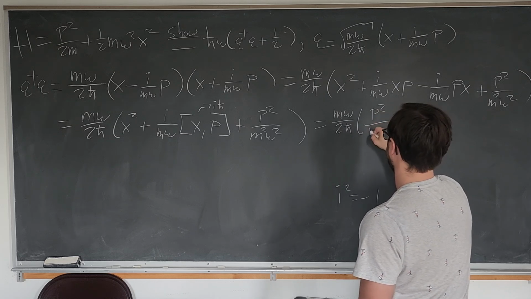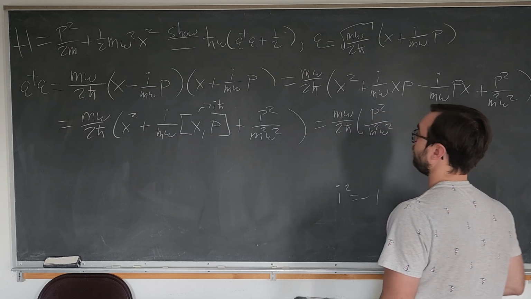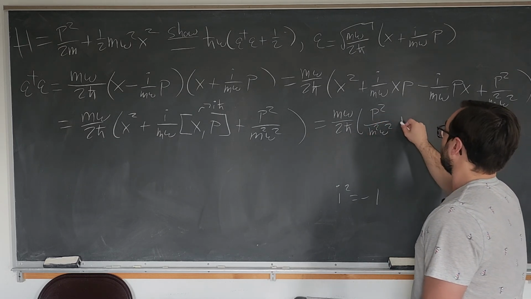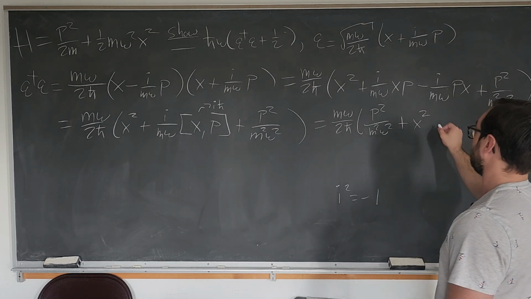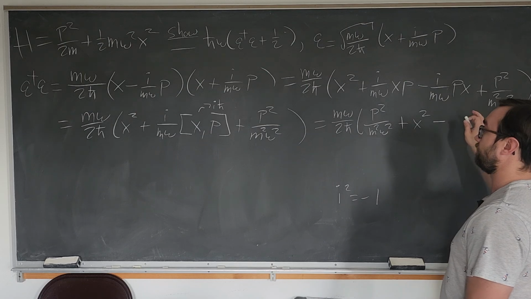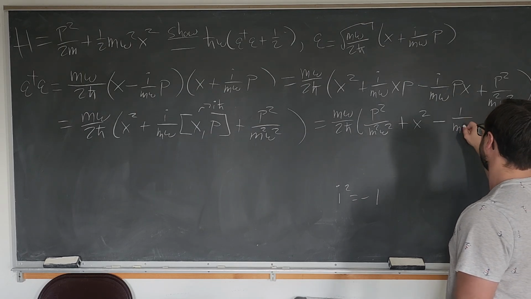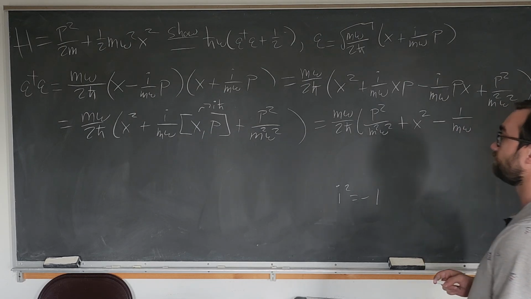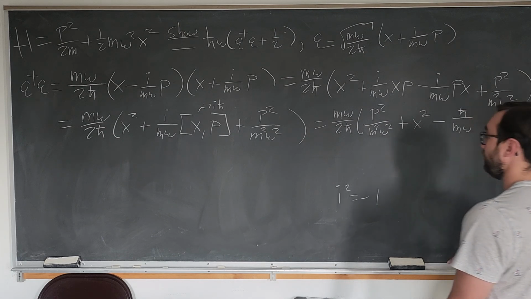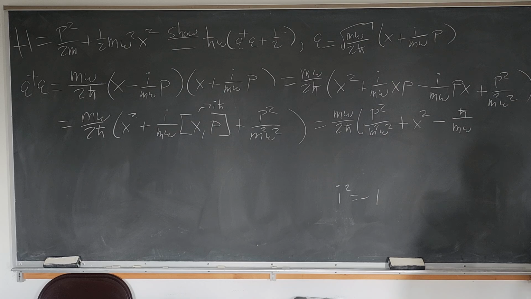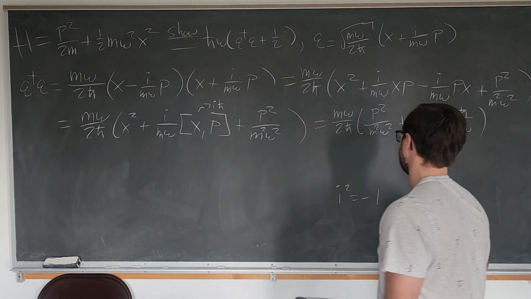P squared over m squared omega squared plus x squared plus this term, minus 1 over m omega, h bar over m omega. And now we just multiply the constants through.